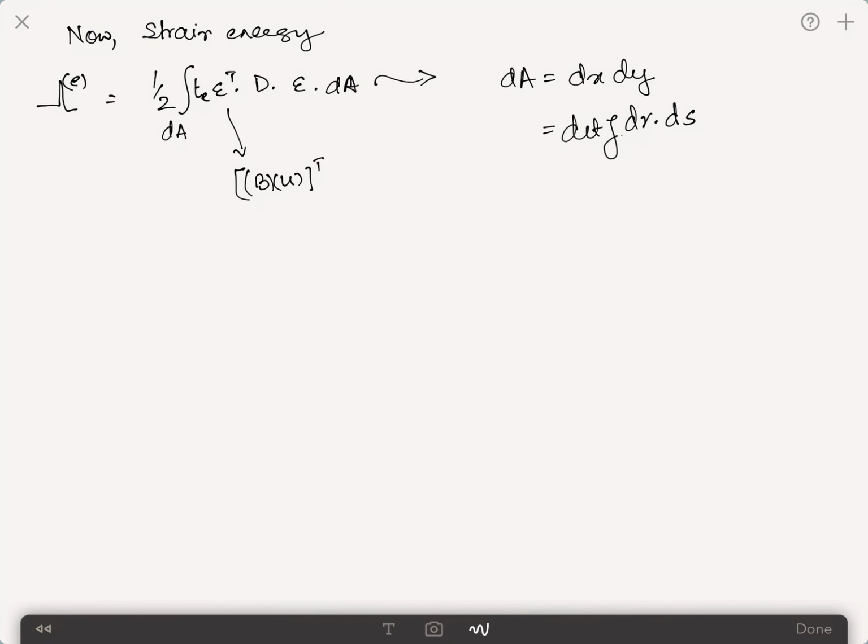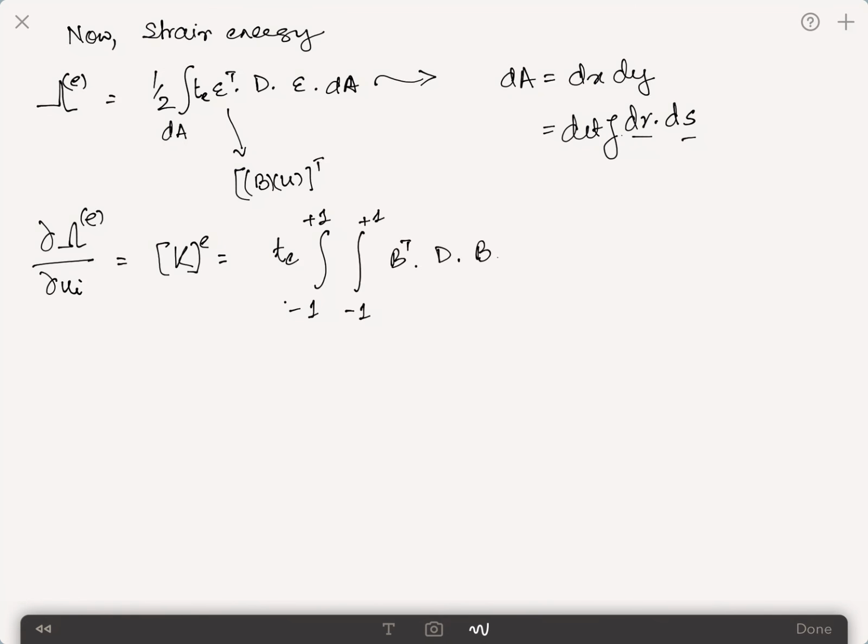Substituting all of that in and also doing a partial derivative with respect to all the different degrees of freedom of this strain energy term, I'm going to get the stiffness matrix, the K of the element, which can be written as the thickness of the element times the double integral for the natural coordinates, minus 1 to plus 1, minus 1 to plus 1, B transpose, D, B, determinant J, dr, ds.